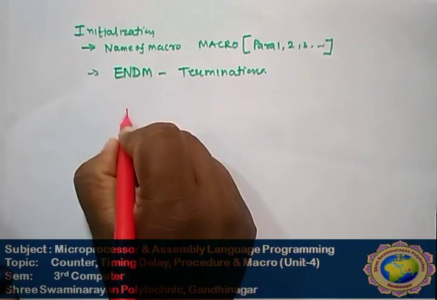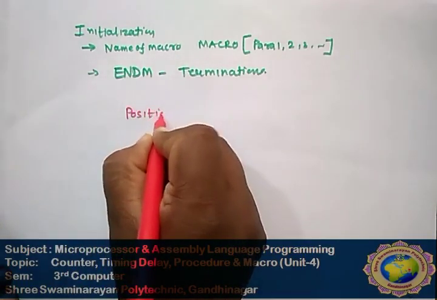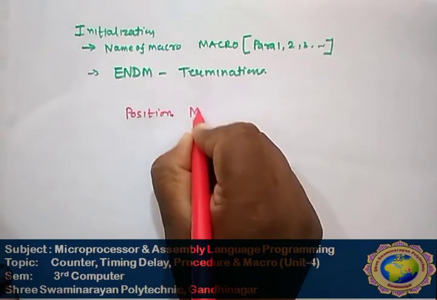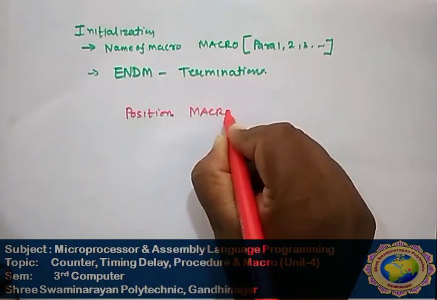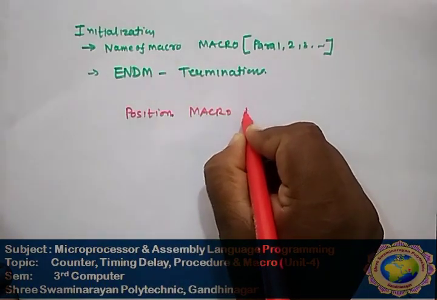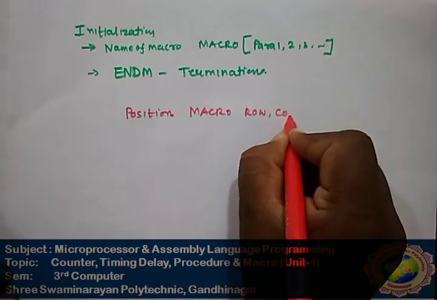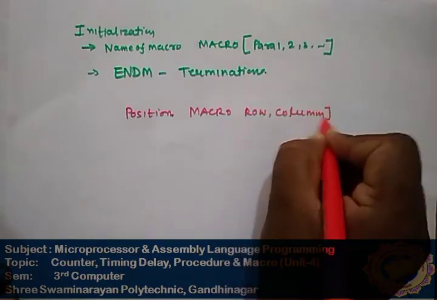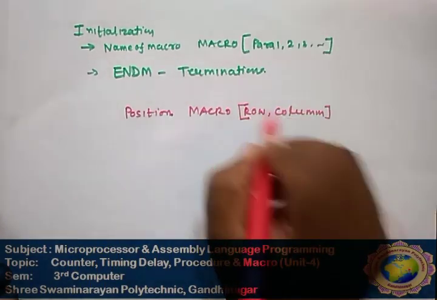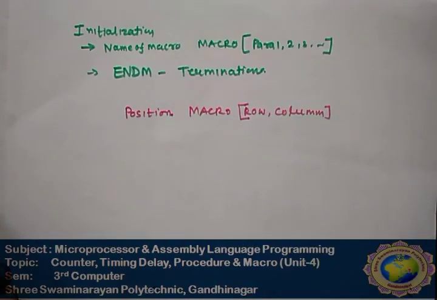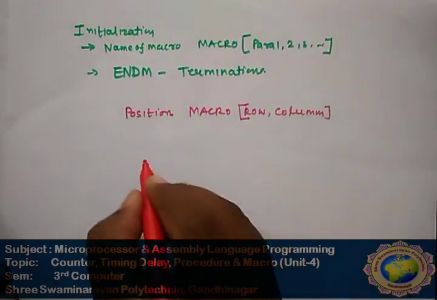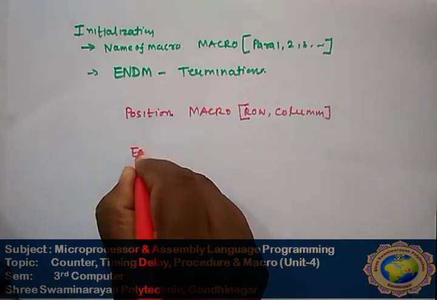So I write the name of the macro, position, then MACRO, then two parameters, row and column. Then I write all the instructions, and at the end I use ENDM.